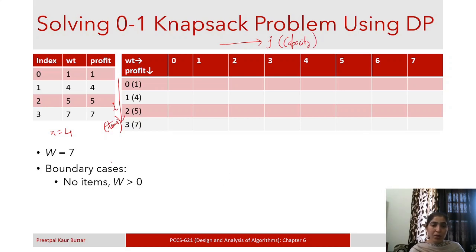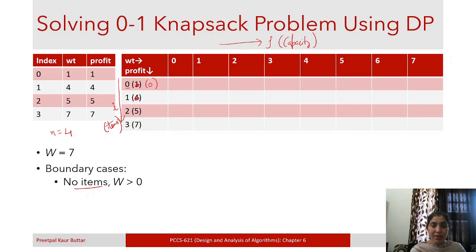Okay, so when you have no items, it means I will be 0. Okay, so I think there should be another row here. There is a problem here. So at 0 index, there are no items. Okay, so the profit is 0.